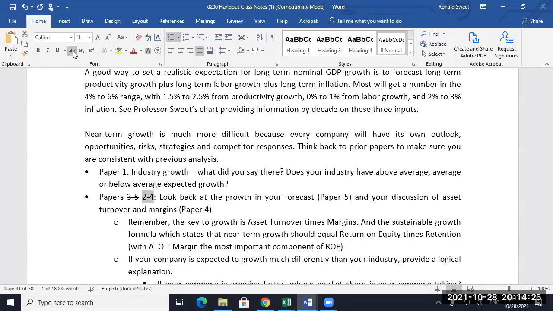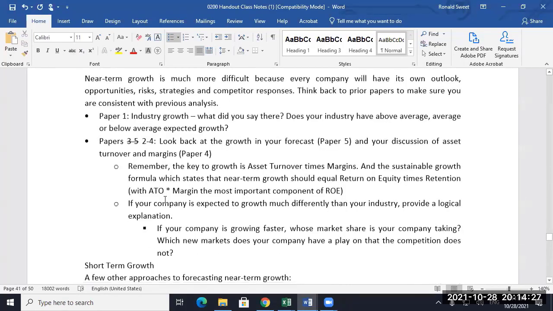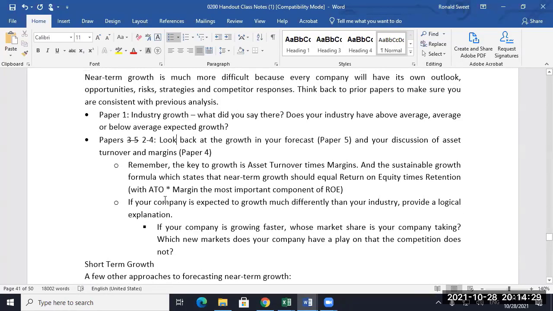You recognize it. So paper 1, you did your quarters, and you had this final conclusion. Is your industry growing a lot faster than the economy or much more slowly than the economy? Remember, in paper 1, I kept emphasizing that's your goal, that final conclusion. Is this an above average growth industry, or a below average growth industry? That's going to feed in.